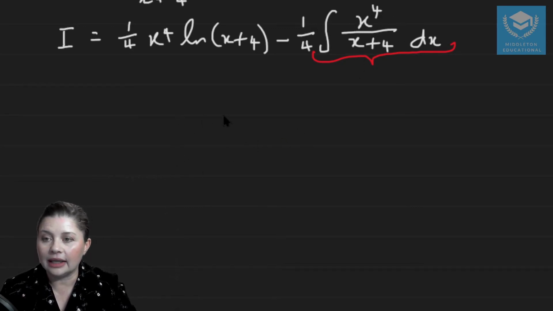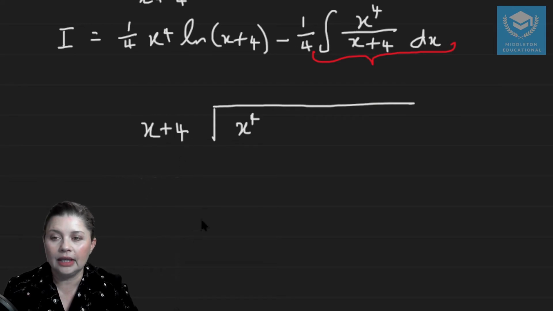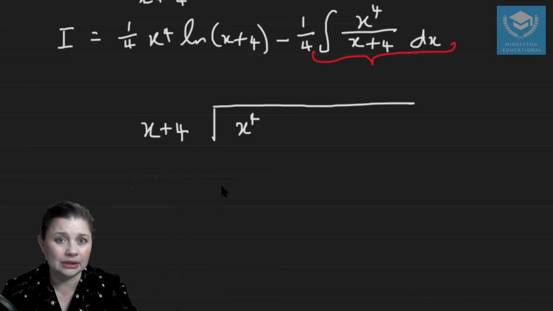So I can say that x to the power 4 divided by x plus 4. And this long division you actually did at primary school, except you used numbers. Algebraic long division works in very much the same way.